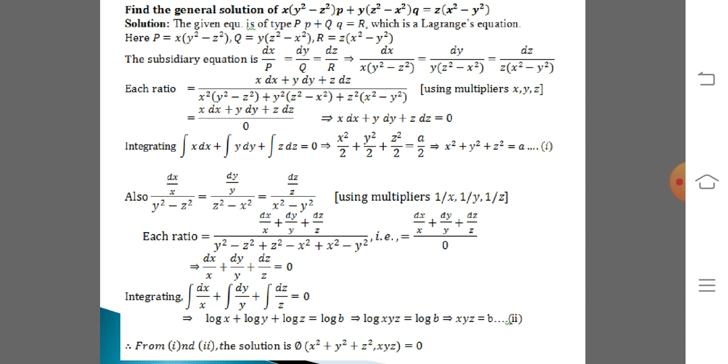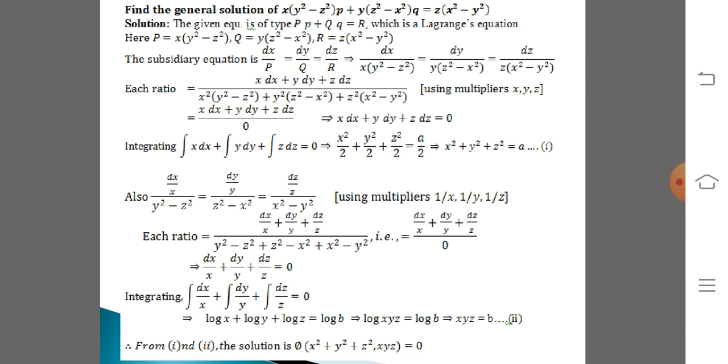So this implies x dx + y dy + z dz = 0. Integrating, we have x²/2 + y²/2 + z²/2 = some integration constant a/2. If you cancel 2 on either side, you get x² + y² + z² = a. Let it be equation number 1.